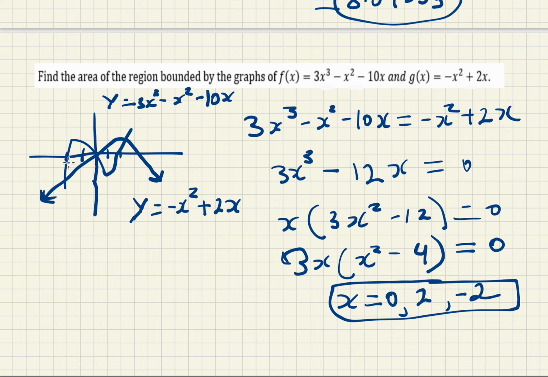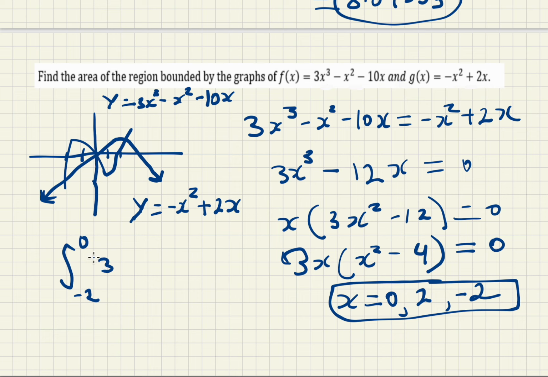Working with this area first, we can see that the function on top is y equals 3x cubed minus x squared minus 10x. So we can integrate that with the point of intersection being at -2 and the next at 0. We find this area by subtracting the lower function from the upper function.